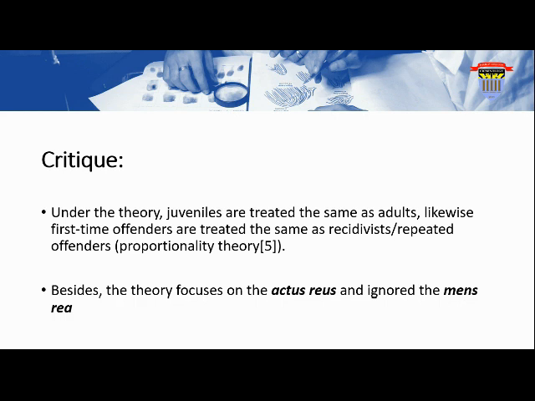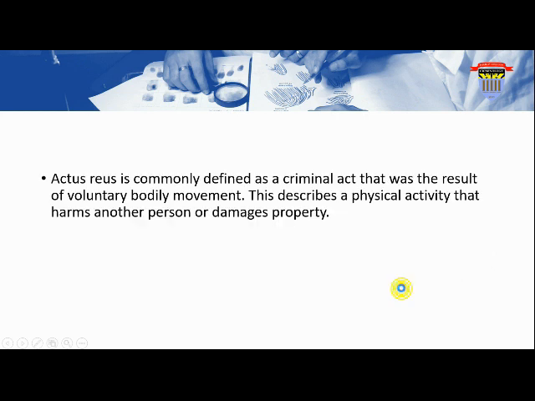Kasi nga, ang binibase na dito ay yung action na ginawa mo. Halimbawa, nakapatay ka, hindi mo naman sinadya. Yung isa naman, paulit-ulit na siyang pumatay. But in this theory, the same yung parusa. Kasi binibase lang nila yung parusa doon sa action na nakomit.